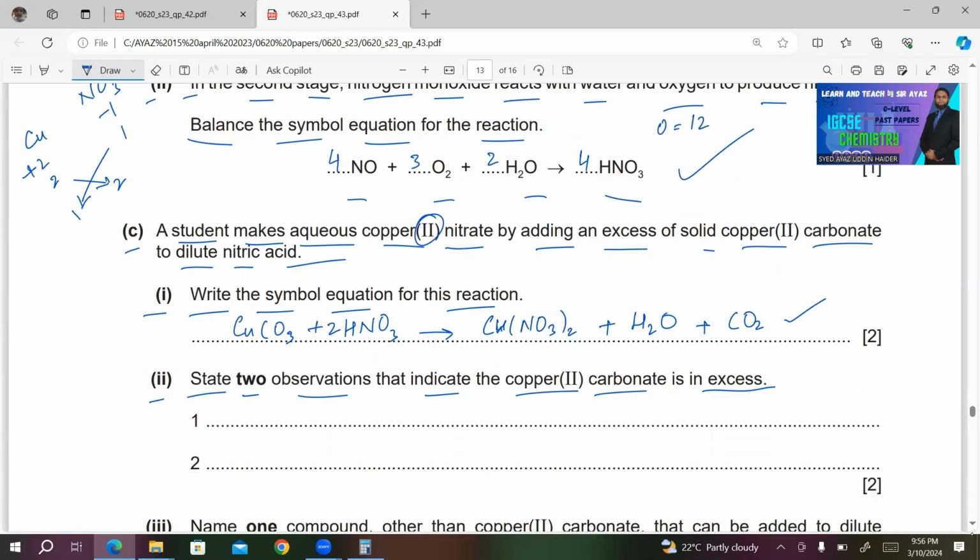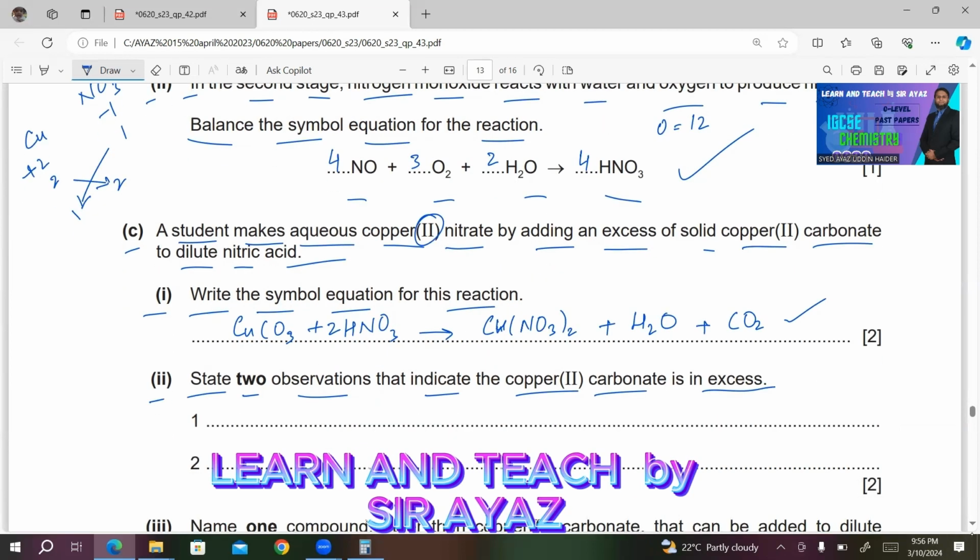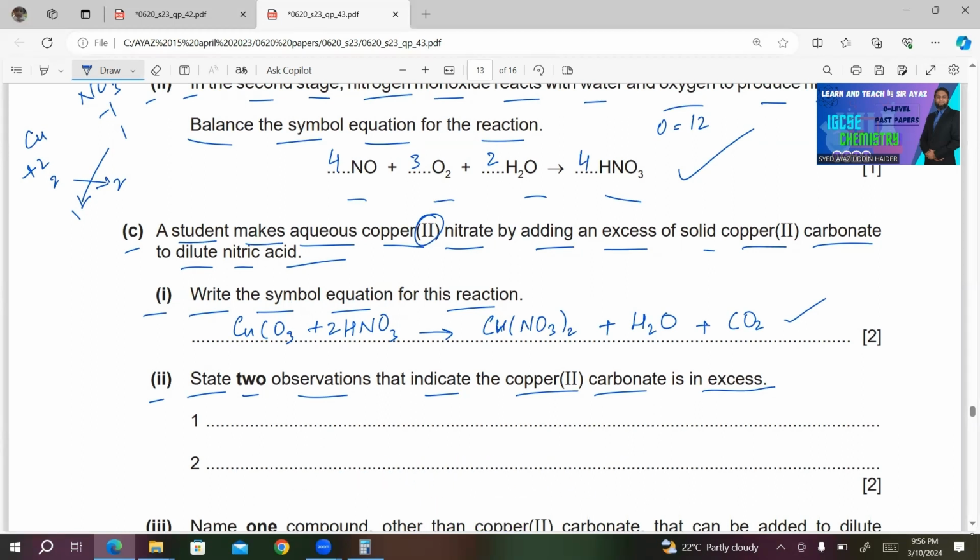No more solid dissolves and the bubbling stops on further addition of copper 2 carbonate.